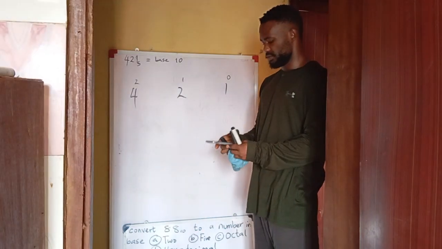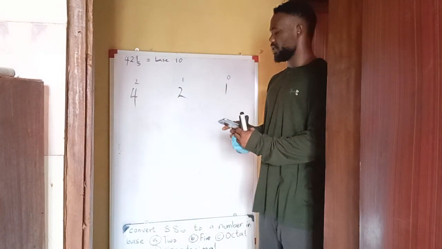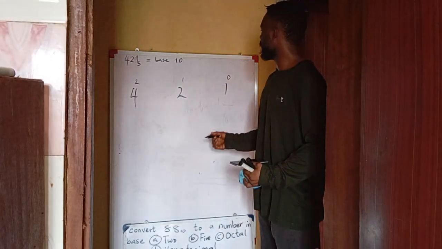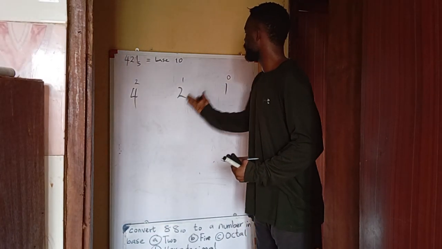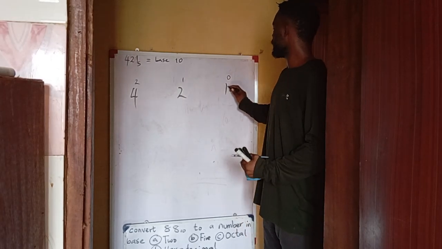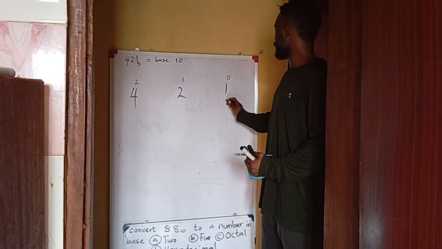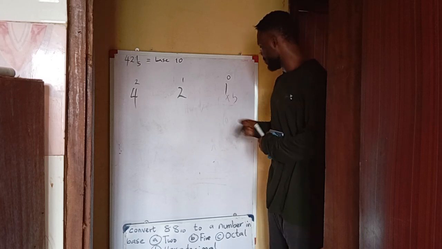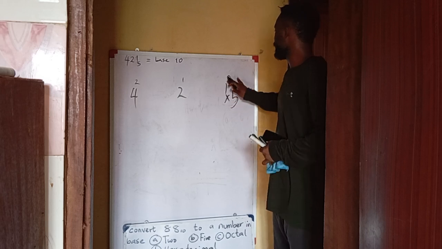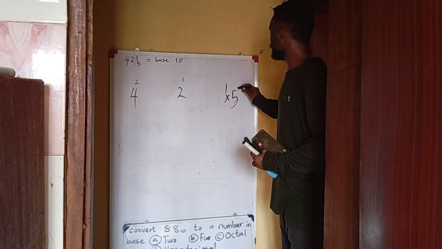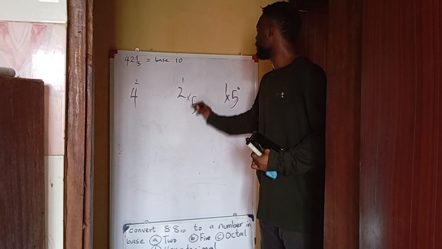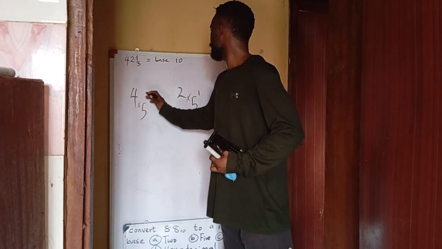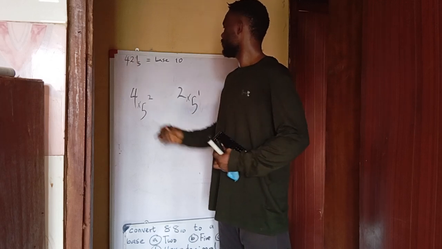The base is 5, so multiply each one by the base, which is 5, and the power you got is for the base. So 5 to the power 0, 1, 2.